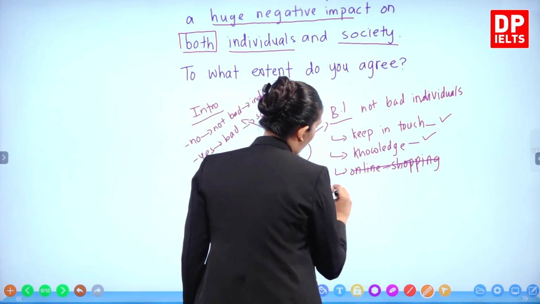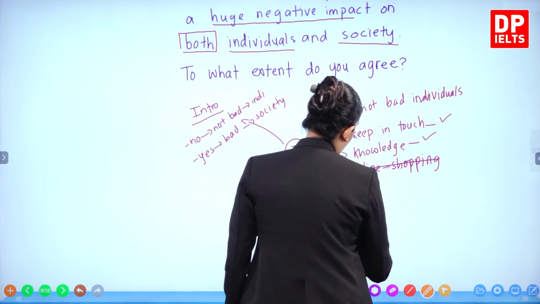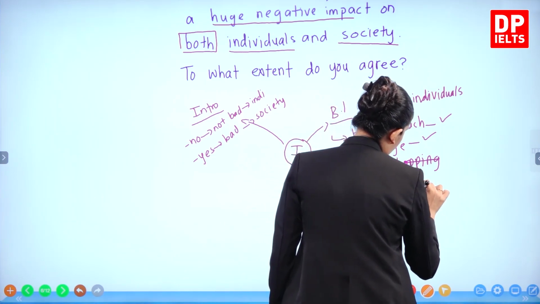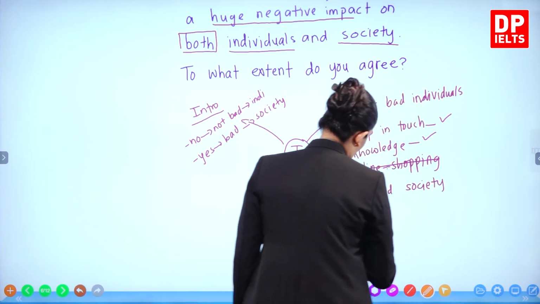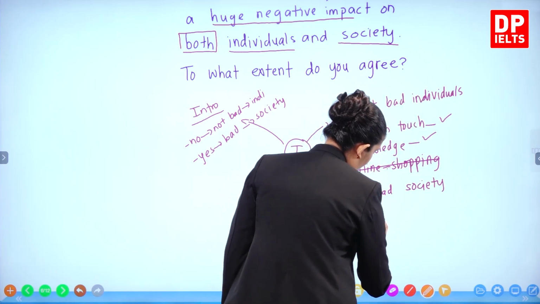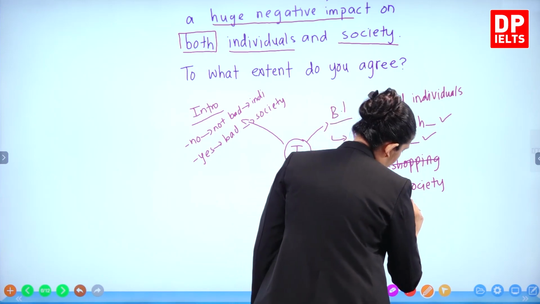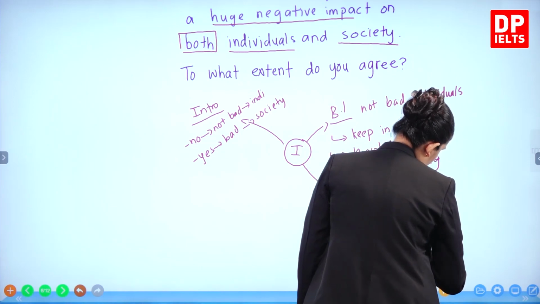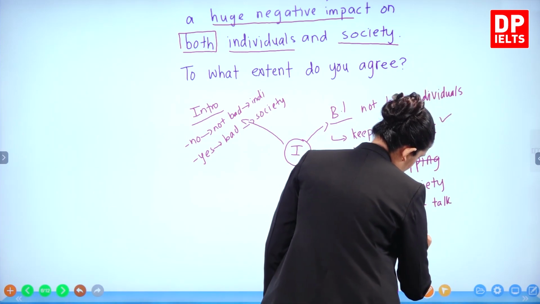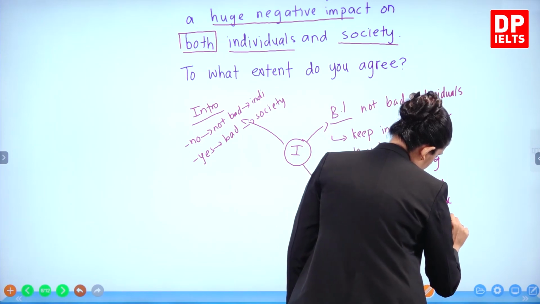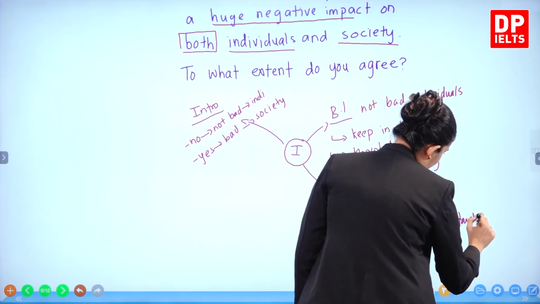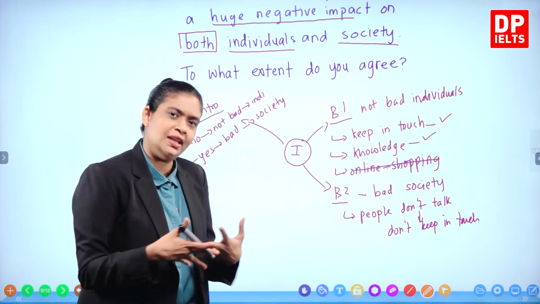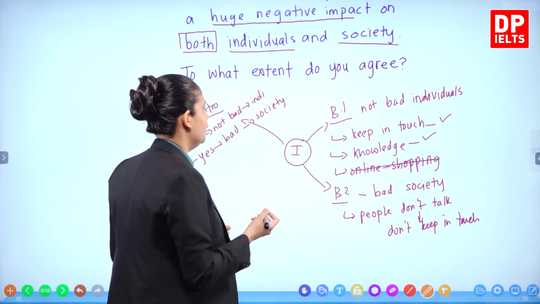Then body para 2, bad for society. Why is it bad for society? Because people don't talk and they don't keep in touch. So it's like that there's no specific society, or your neighborhood is not really linked with each other, okay?